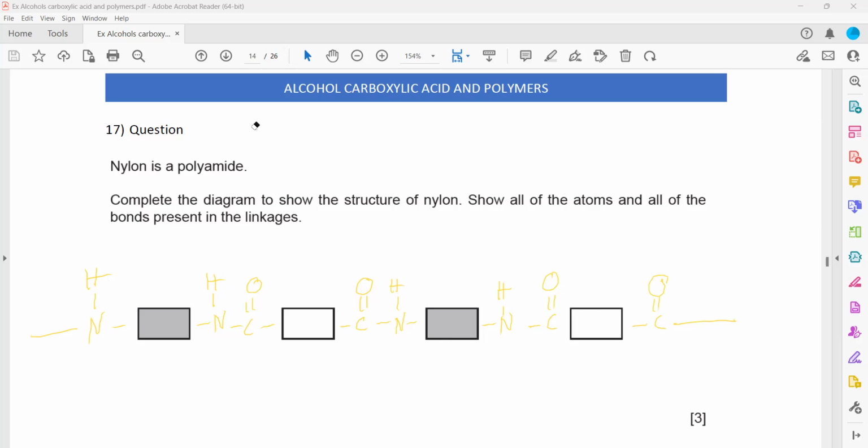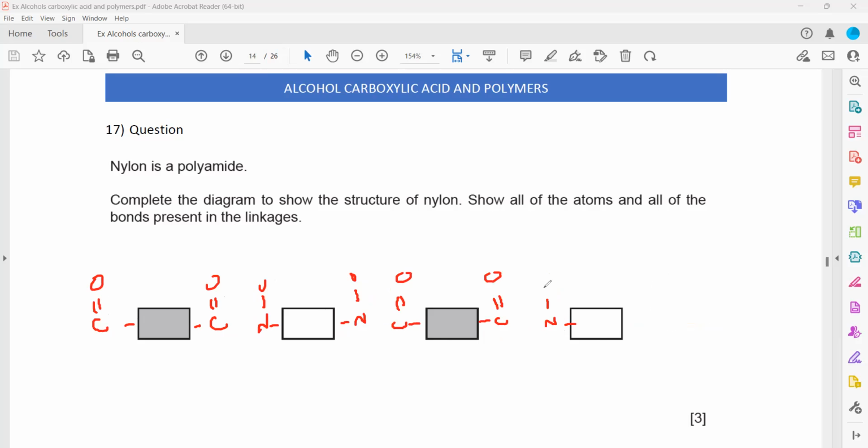What if we started with the first one as a carboxylic acid on both sides, then the second one will be amine on both sides, then the carboxylic acid, and this will be amine on both sides. And link them together, this will be a nylon as well. But in a protein, it is one side amine, one side acid.